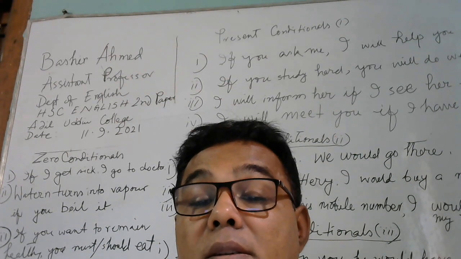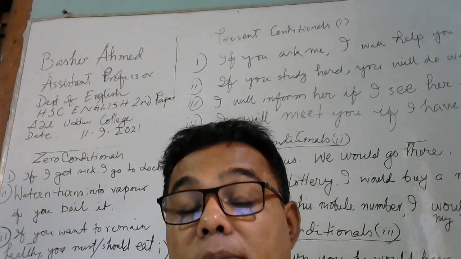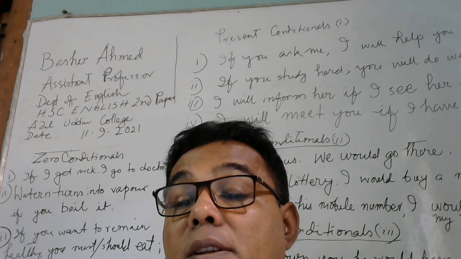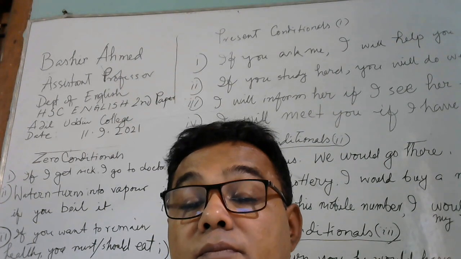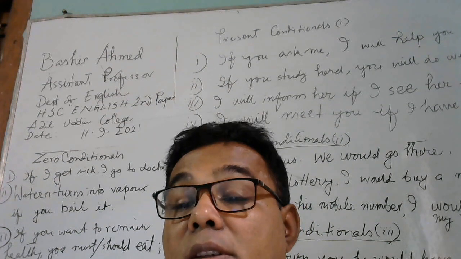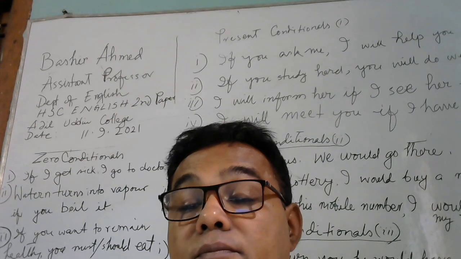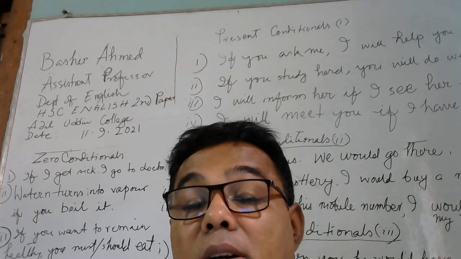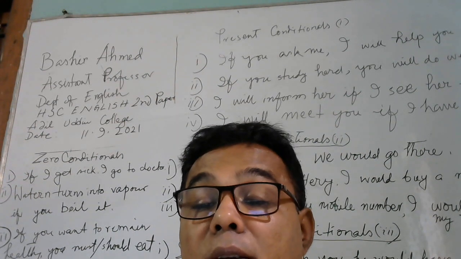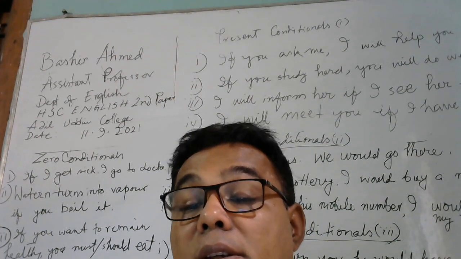If you study hard, you will do well in the exam. This is the future tense in the main clause. I will inform her if I see her. Okay. I will inform her. Here I have used the main clause at the beginning, and so no comma is needed here.